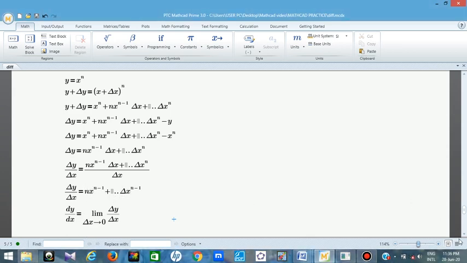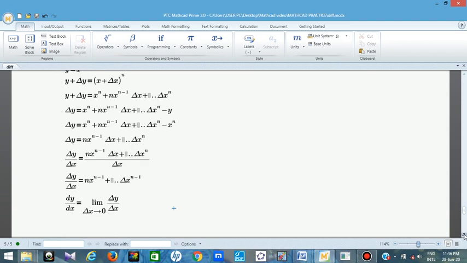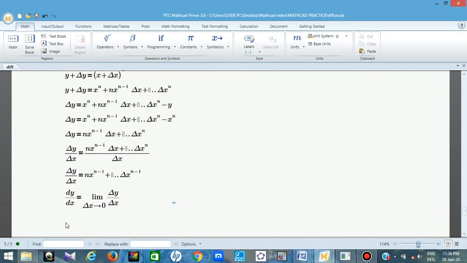So finally, the basic rule for differentiating a function is dy/dx equals n x raised to power n minus 1, which is this one. This is the final rule I want us to learn.